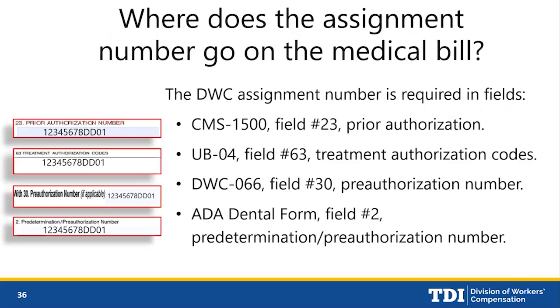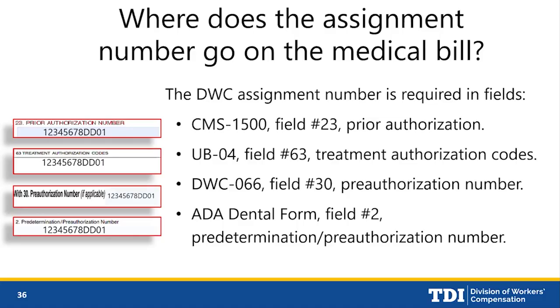So where does the assignment number go on the bill? Again, it must be listed in the prior authorization field. On your CMS 1500, it's going to be in field 23. Box 63 for your UB-04, like maybe the injured employee was sent out for an MRI. You need to make sure that that facility has that assignment number.